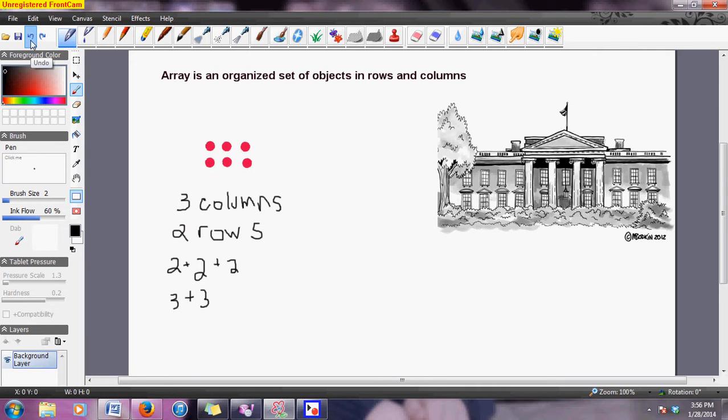Now, my next question that I would ask your child is how can I make an array that only has one equation?